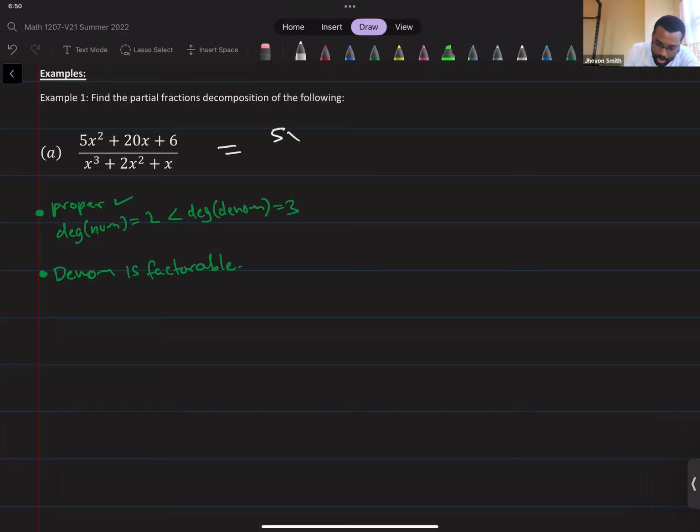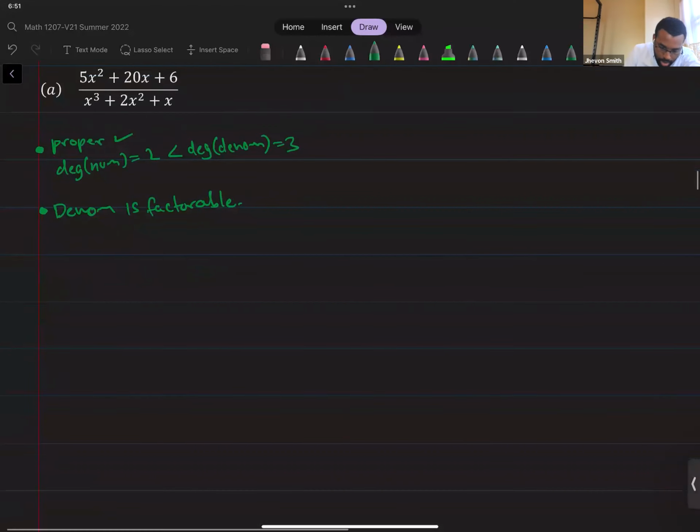So this is 5x squared plus 20x plus 6. What would the denominator factor as? Let's write it out here: x cubed plus 2x squared plus x.